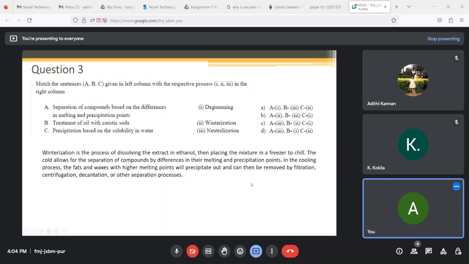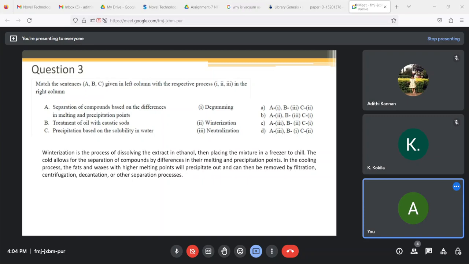So in this stage, the separation is based on differences in melting and precipitation points. Different components in the oil will have different precipitation and melting points, based on which you can separate them according to your needs. If fats and waxes have a higher melting point, those can be separated first easily.